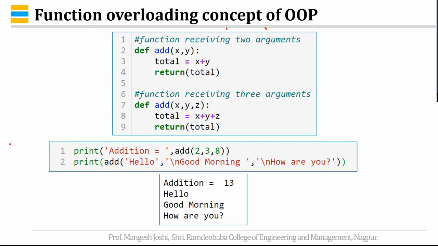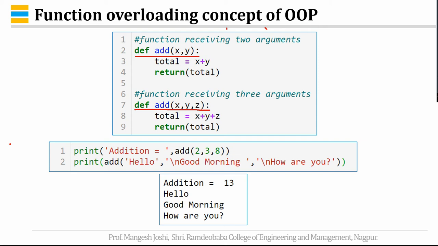So I have defined an add function with two arguments over here, and in the second I have defined an add function with three arguments. Since the number of arguments is different, the two functions will be different.